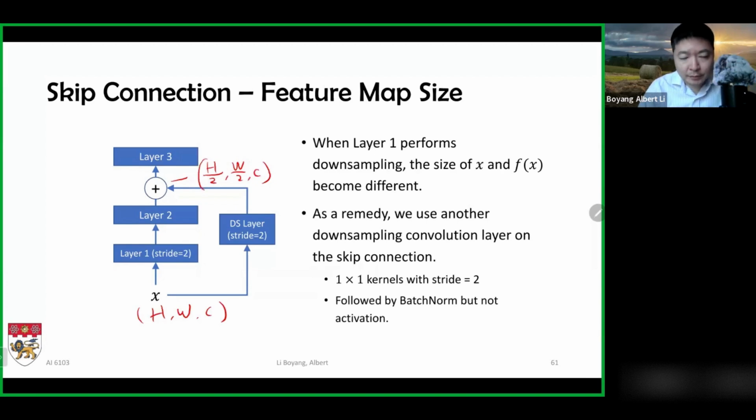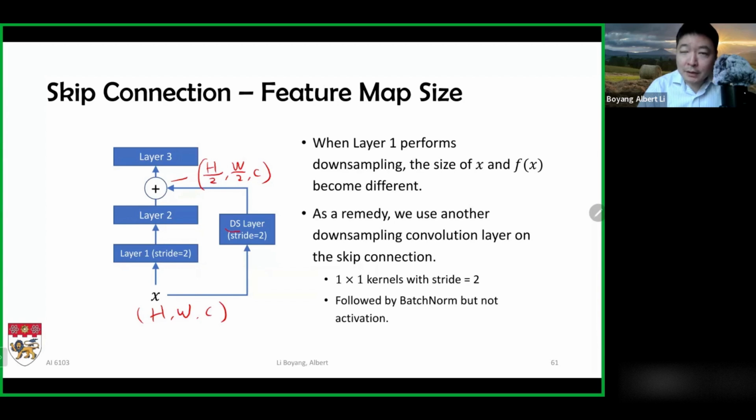And when that happens, we would not be able to add those things together. So we need to somehow reduce the dimension of the input as well. A common remedy is to use another downsampling convolutional layer with some very simple operation. We typically do a 1-by-1 convolution with stride set to 2, right?